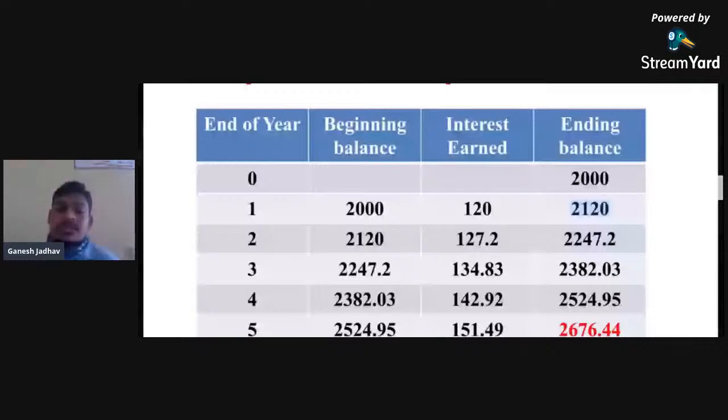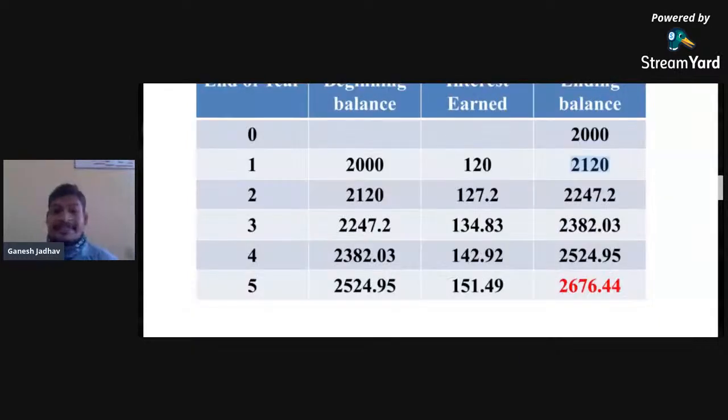So this is the main difference between simple interest and compound interest. You can also calculate it easily by using the formula. Okay, so this is simple and compound interest. So we stop here.